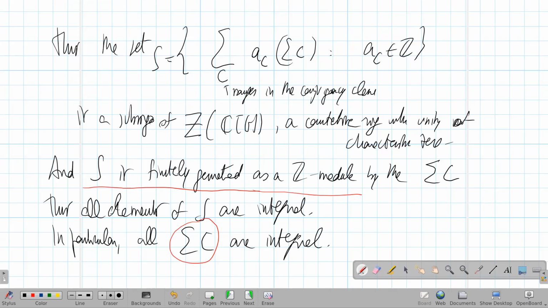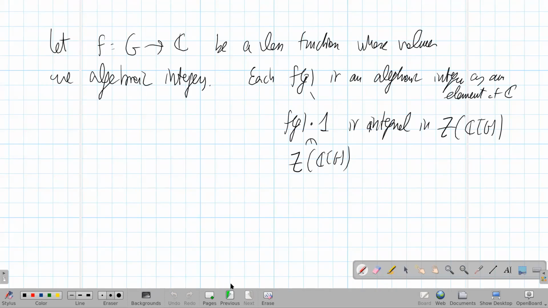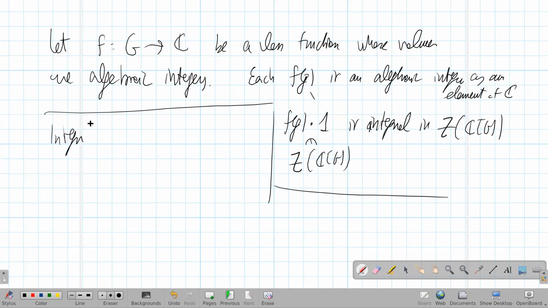and we have proved, which is rather trivial, that if you have a function whose class values are algebraic integers, all the values are integral. But then, mixing the two together, we know that integral elements form a subring of the center of CG.